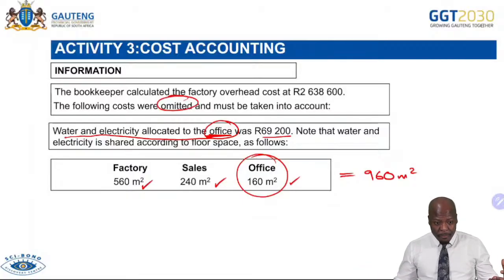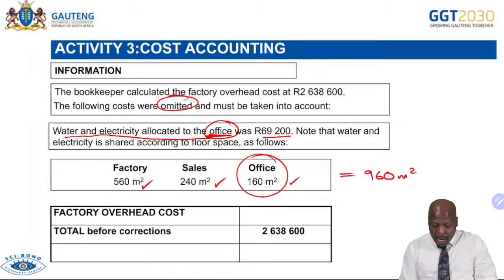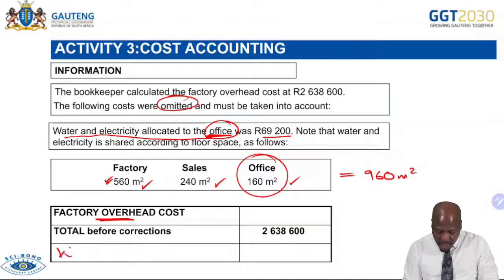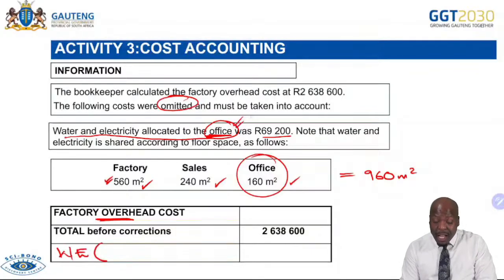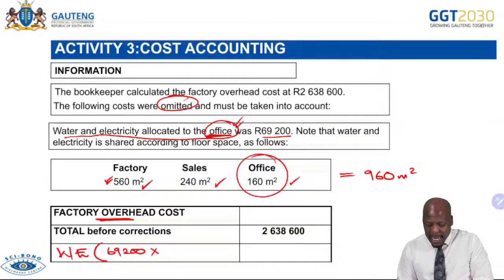Now, what I know is that when I am recording in my factory overhead, I need the amount that relates to the factory. But I am given the water and electricity that relates to the office. So I'm going to say water and electricity, I have my 69,200. But what I need is what goes to the factory.